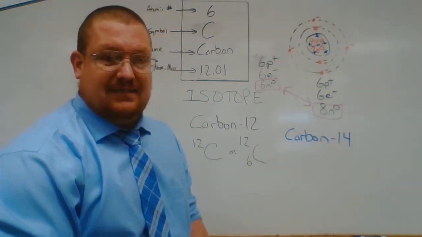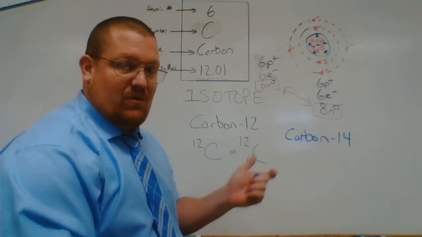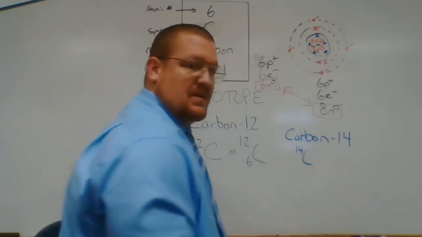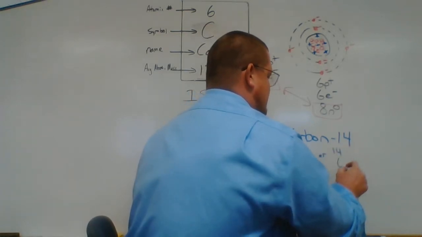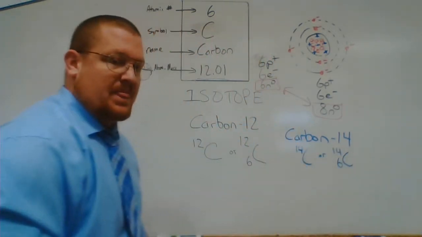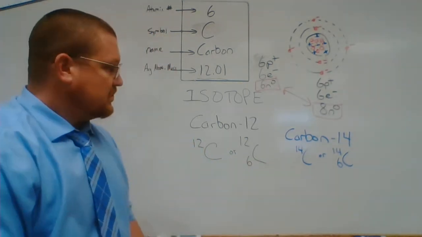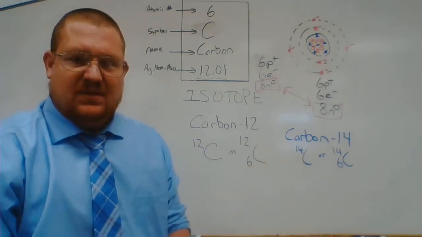Now the carbon has a mass of 14 because there's 2 extra neutrons. So we write it this way. This is how we know which one we're dealing with. I could also write it 14 like that, or I could also write it like that. Notice the proton number is the same on both.